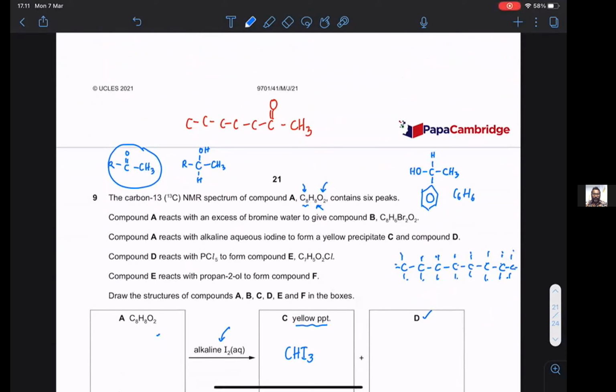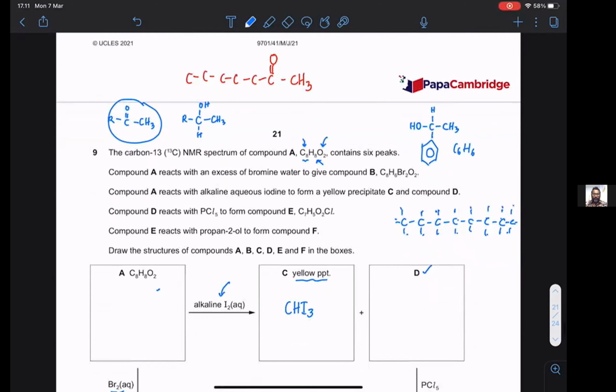So I have all this, and then I still need one more O. So maybe I can calculate.